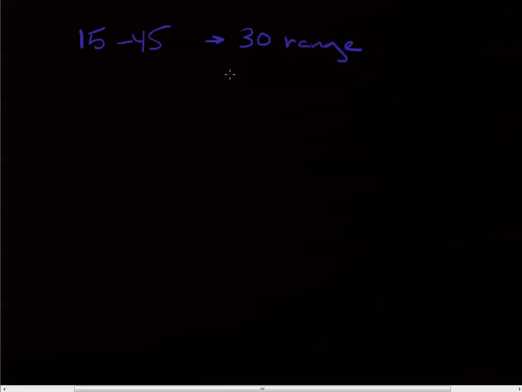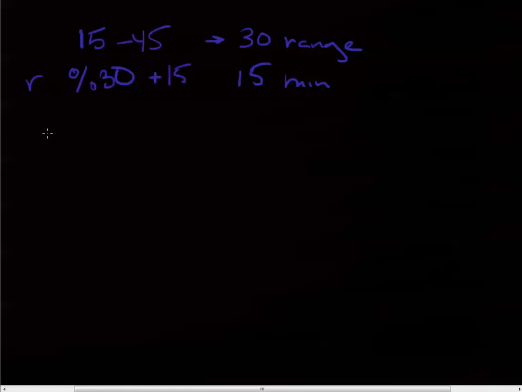Let's say I wanted random numbers between 15 and 45. How many numbers do I have within this range? I've got 30 possible numbers in the range, and 15 is the min. So my equation will be the random number mod 30 plus 15.